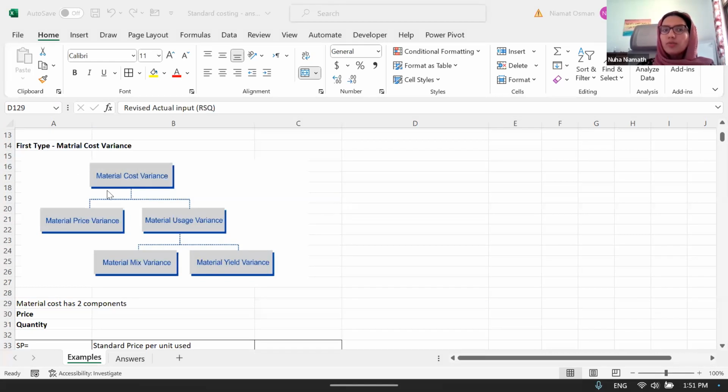Let me know the formula for material cost variance. SQSP minus AQAP. Thank you, Khatija. Thank you, Neetu. Perfect. Can somebody tell me the formula for price variance? I hope you're remembering the concepts and you have not mugged up these formulas.